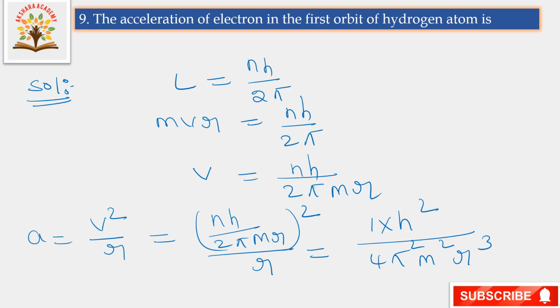So at last acceleration of electron A is equal to h square by 4 pi square m square r cube. Okay, next we will go to the next.